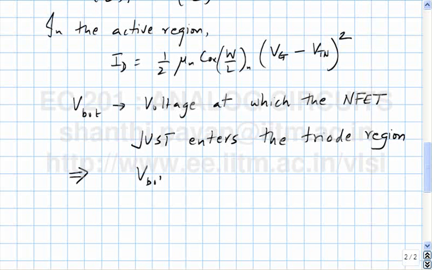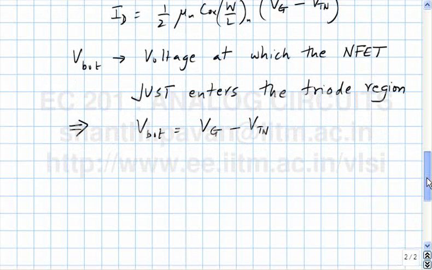V bottom must be equal to VG minus VTN. The gate voltage is VG. The device is just entering triode. For an NMOS transistor to enter triode, the drain can go one threshold below the gate, and that's precisely what this equation is saying. The drain potential is V bottom, the gate potential is VG, and V bottom is VG minus VTN.